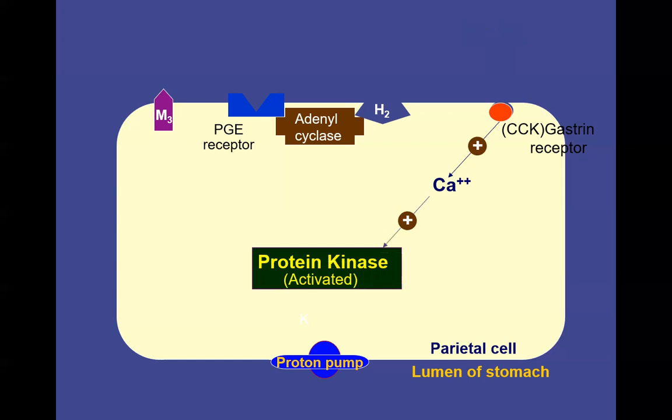Right, but through what route? IP3, so increase in calcium, this activates protein kinase, ultimately increasing the expression of the pump. What I have looked at is that they increase the insertion of the pump at the membrane, okay? So, through several kinase activity.